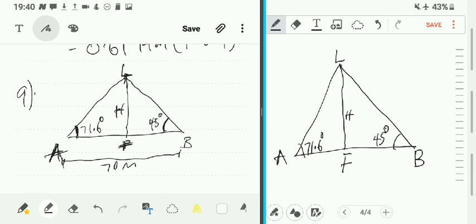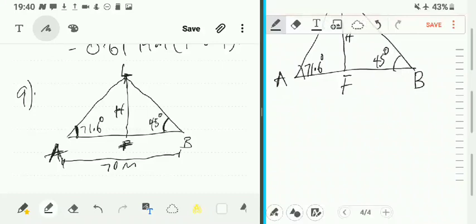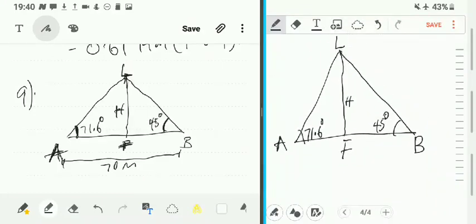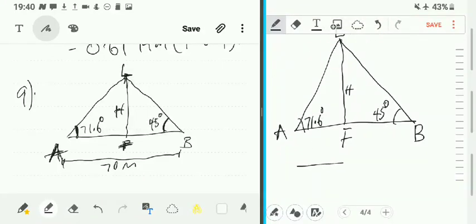Okay, so now we can solve using SOHCAHTOA. Yes, definitely we can solve. Okay, I forgot something else. The distance between the two boats, A to B, is 70 meters. To get the height, I can solve using my SOHCAHTOA.